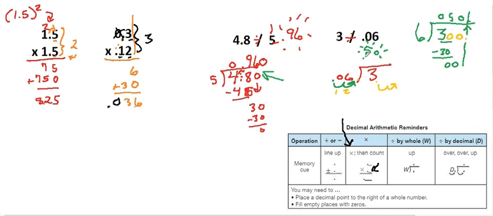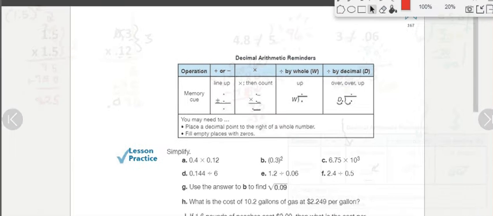That's dividing by decimals. Summarized here as over, over, up. Because over, then you have to go over here as well, and then up. Divide by a whole number when you have a decimal on the inside, simply rise up.